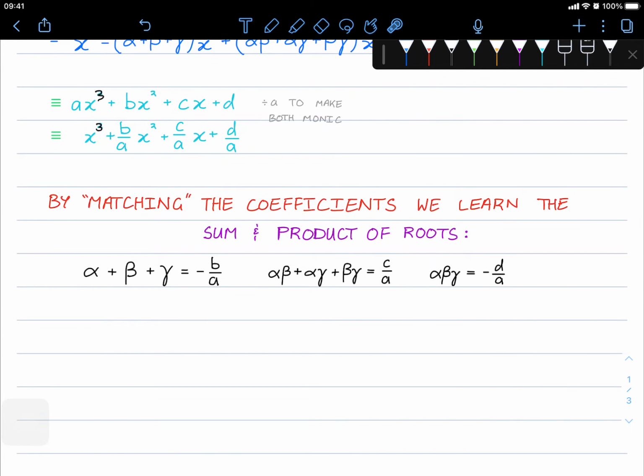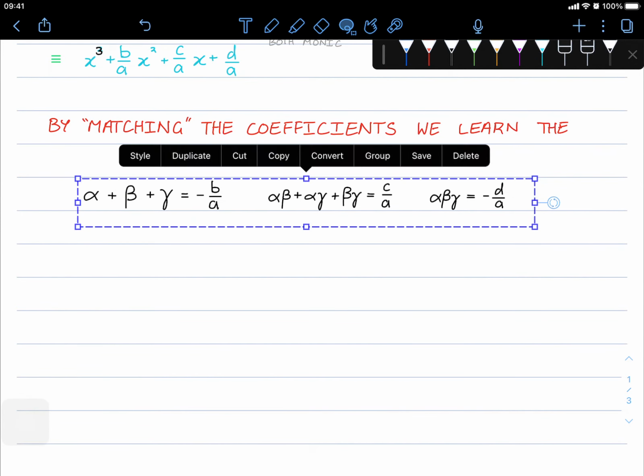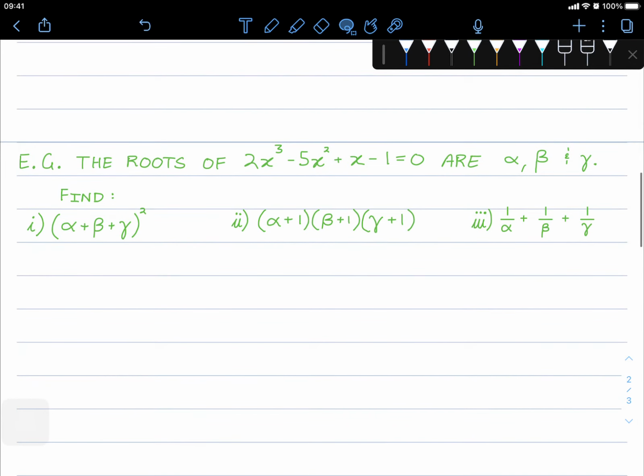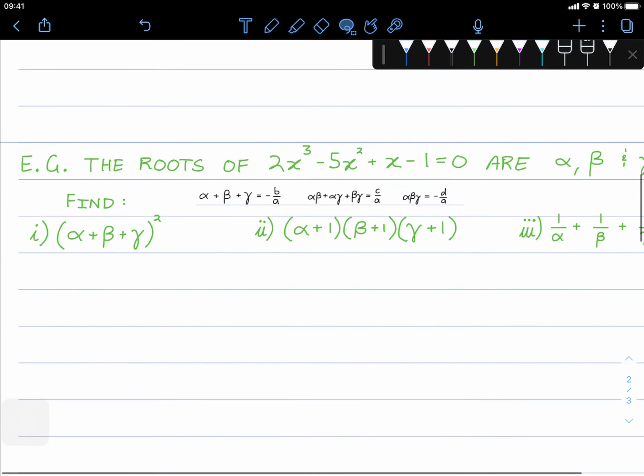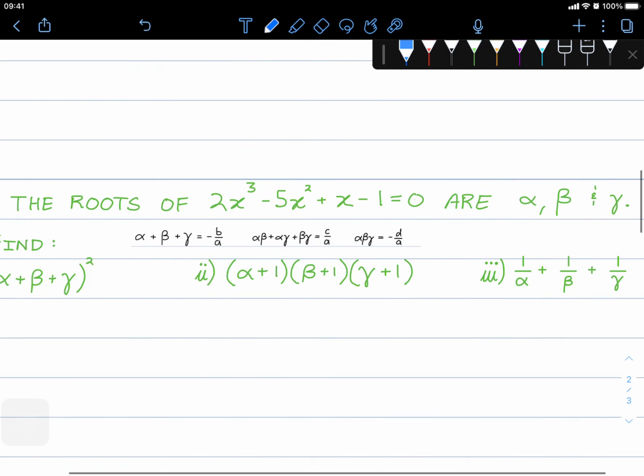So now that we have these, let's actually apply them to a few questions here. Let's copy this and paste it as an image so we can drag it around. All right. So from here, first what we need to do is make sure we clearly state what a, b, c, and d are.